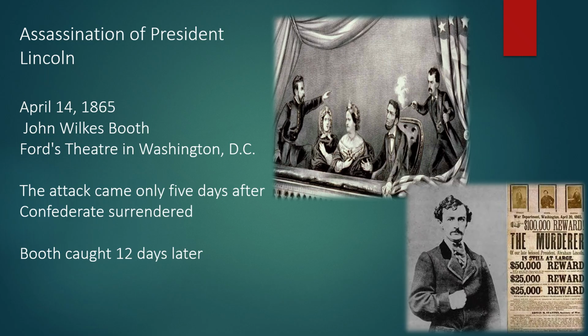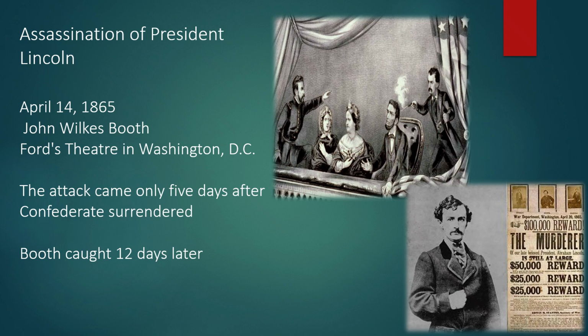Booth, however, believed that the fight for the South was not over, and he thought that they were still fighting, and he hoped that Lincoln's death would reunite the Confederate cause and spark them to start really fighting.